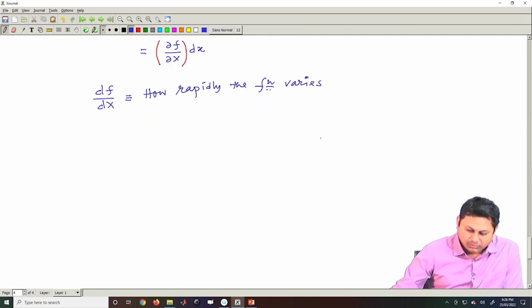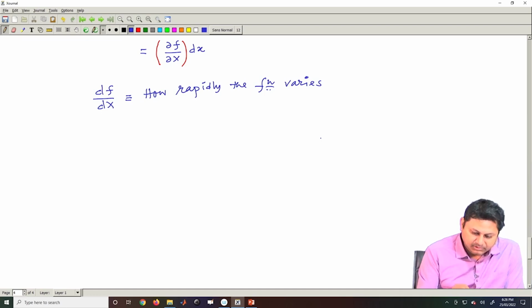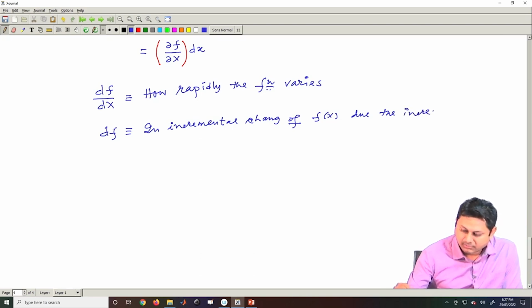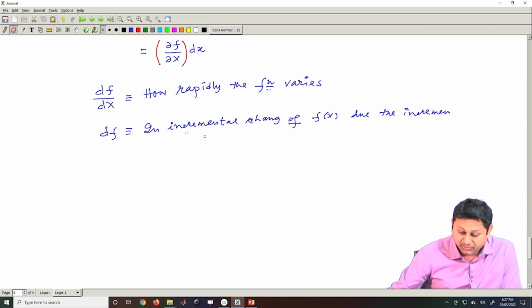Right. So, what is df here? As I mentioned, the incremental change of f(x) due to the incremental change, rather I should say simply that, because I do not know whether it is an incremental change or not.